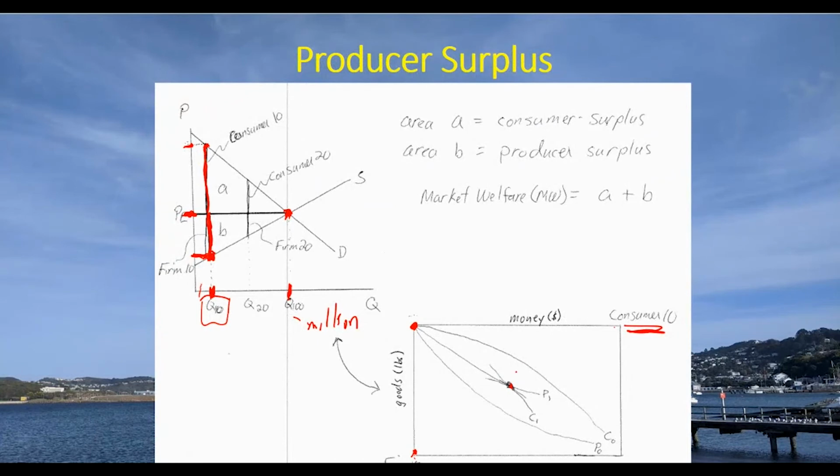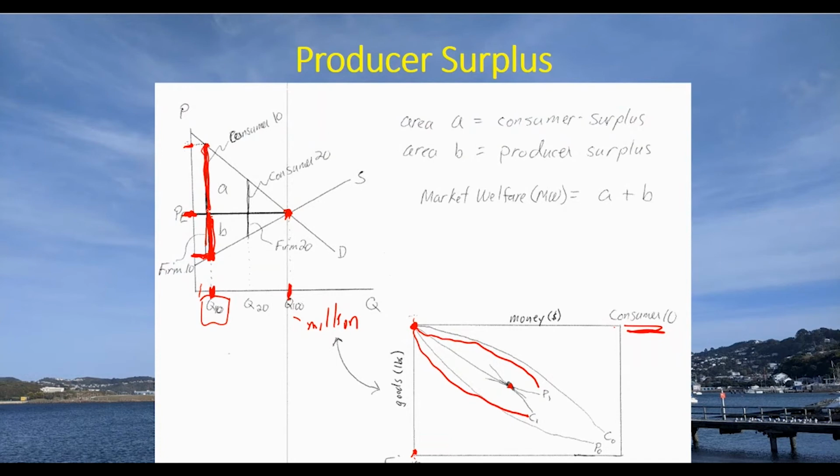And both of them are getting to a higher indifference curve than they would have been on had they not traded, right? I've got those indifference curves represented there, sorry. But they're both getting to a higher indifference curve. That means they're both getting extra utility or surplus value as a result of the trade. Now, this vertical distance here represents the extra surplus value accruing on the producer side of this trade.